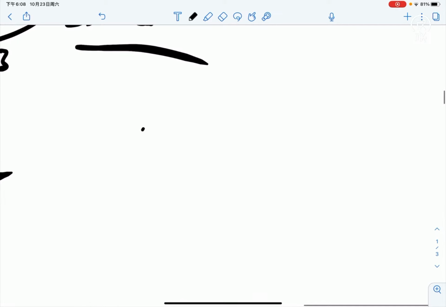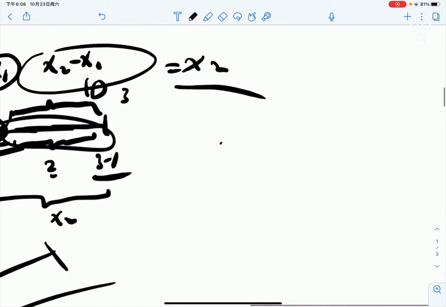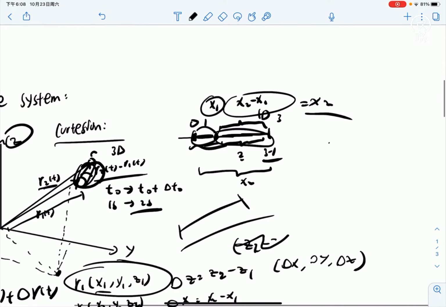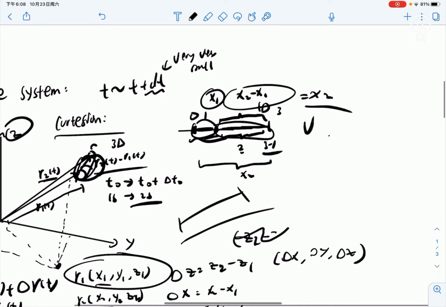In the case of this, if the time change is really small, then this is very, very small. We can see that the definition of velocity is equal to the limit as t approaches 0 of the change in r divided by the change in t. So it's basically this vector.